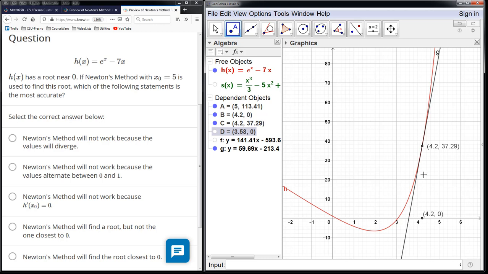I look at the x-intercept of that new tangent line, and it is about 3.58.